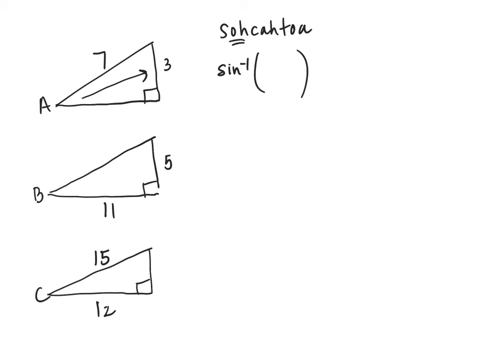And if you use normal sine, you put an angle in there. But because I'm looking for an angle, I put a ratio in there. And sine is opposite over hypotenuse. So the inverse sine of 3 divided by 7 is to the 10th 25.4 degrees.